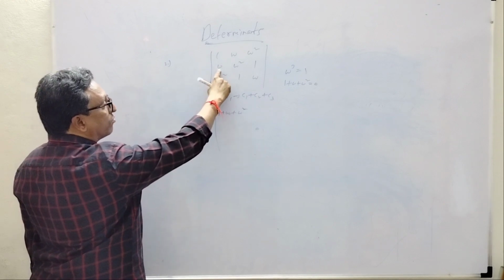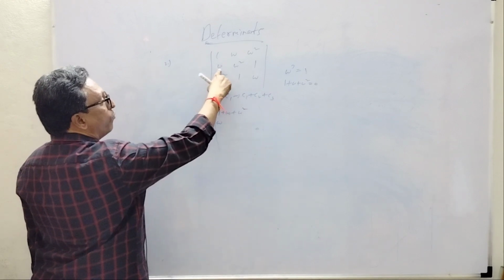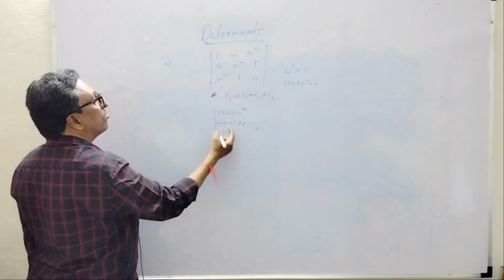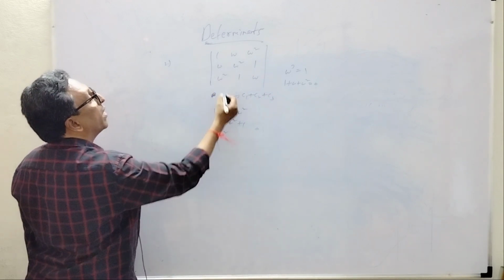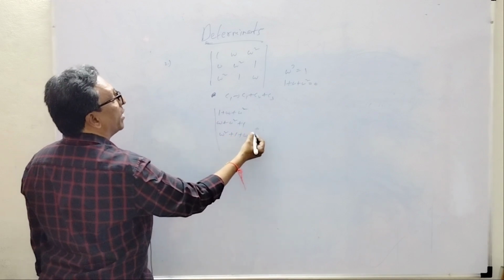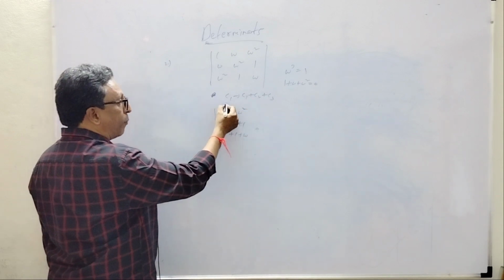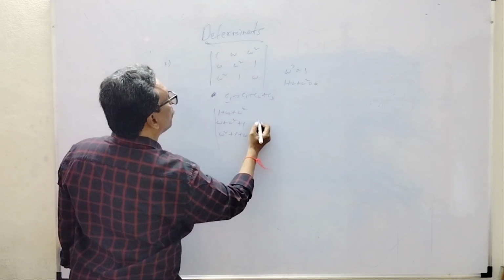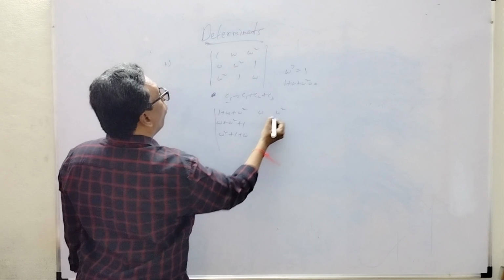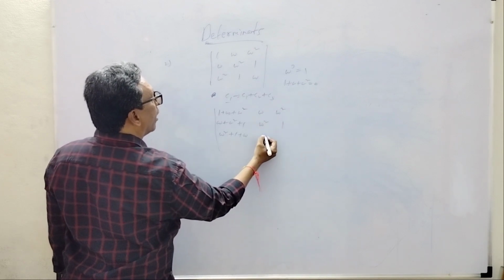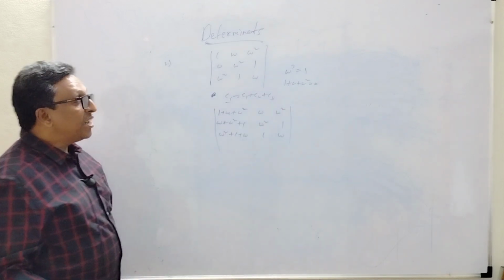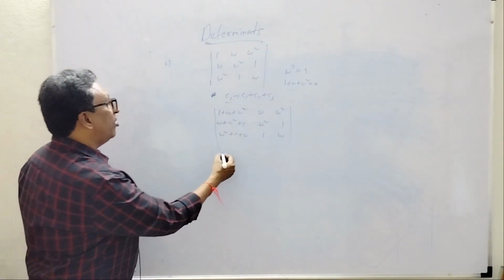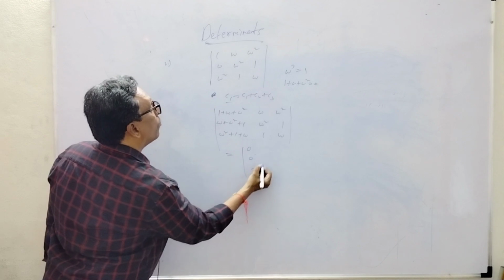In the second row also, omega plus omega square plus 1. In the third row also, omega square plus 1 plus omega. We are changing only C1; other than that, the numbers we write the same as usual: omega, omega square, 1 and 1, omega. But we know that 1 plus omega plus omega square is 0. So 0.